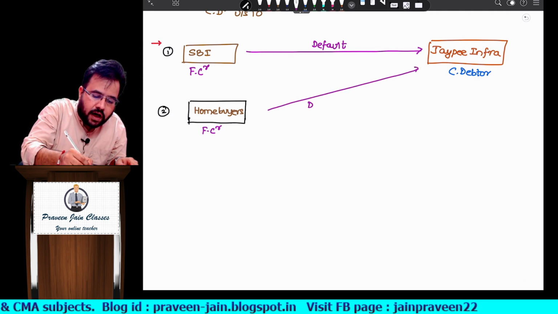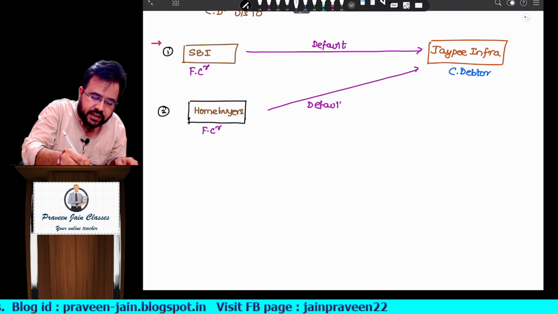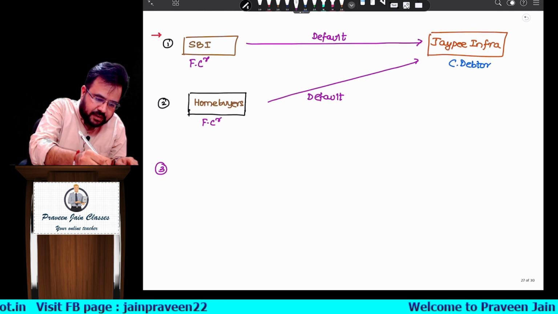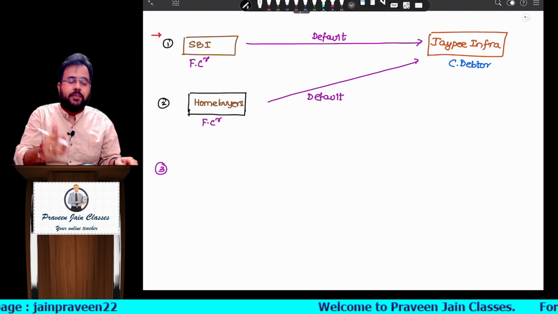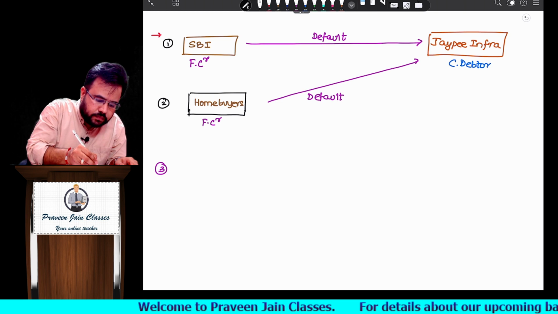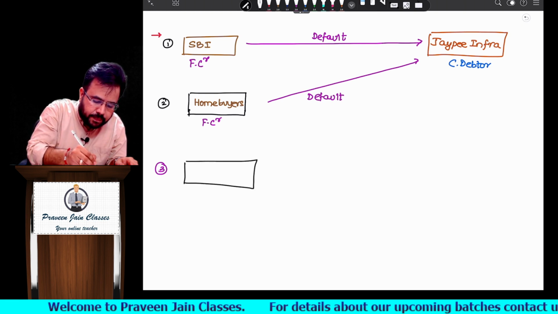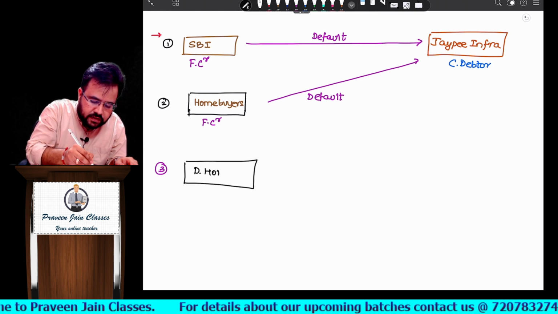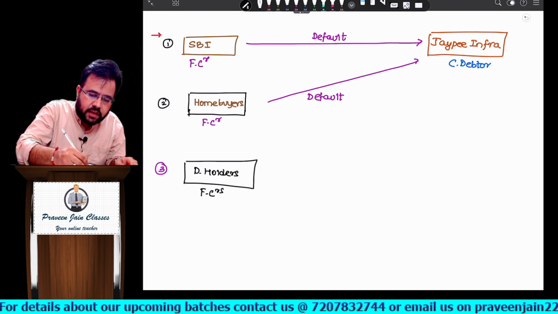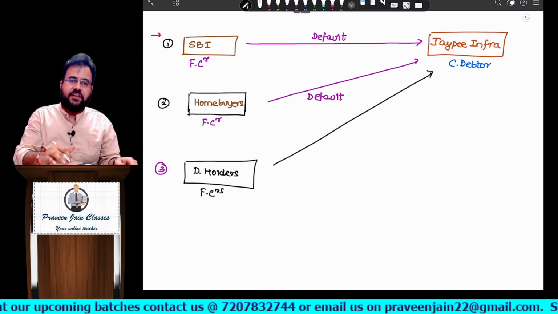So these people are also financial creditors of the company. Or imagine JP Infra has issued debentures. So can I say debenture holders can also be financial creditors? Debenture holders can also be financial creditors. Agreed? So can I say all these are nothing but our financial creditors?